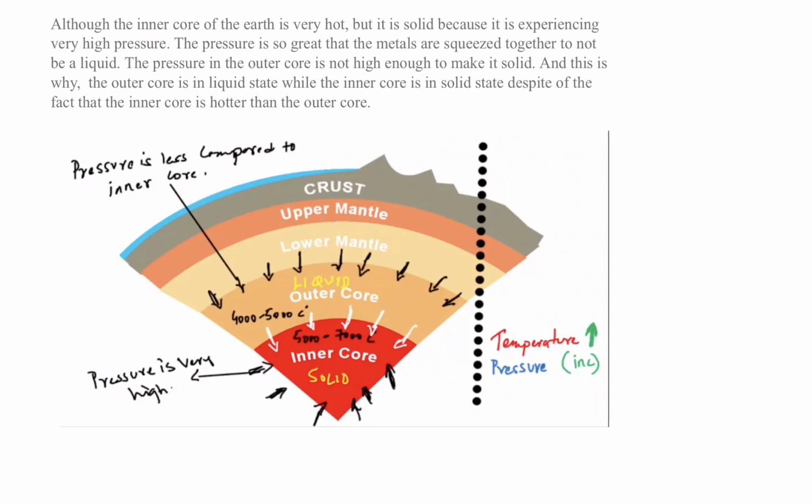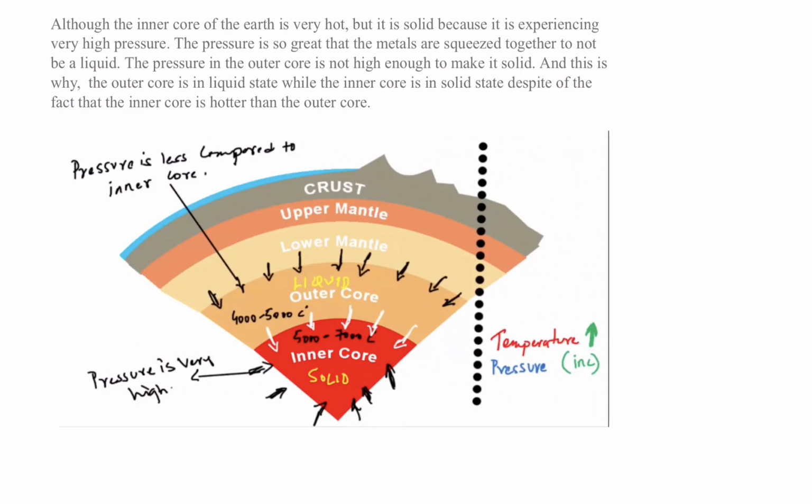The outer core is liquid and the inner core is solid. So the inner core of the earth is very hot, means the temperature is up to 7000 degrees Celsius, but side by side it is experiencing very high pressure also.